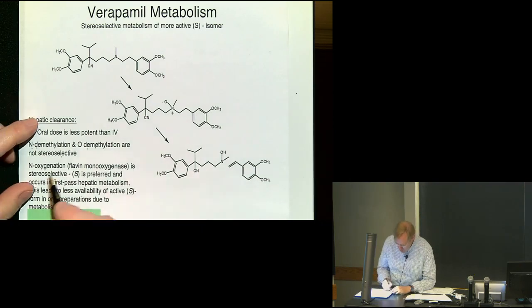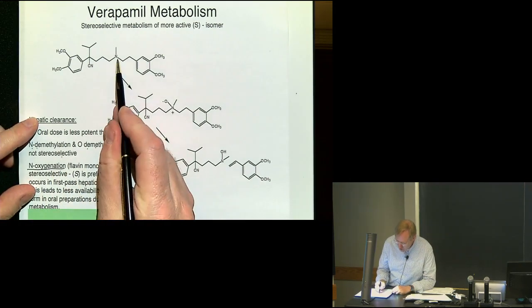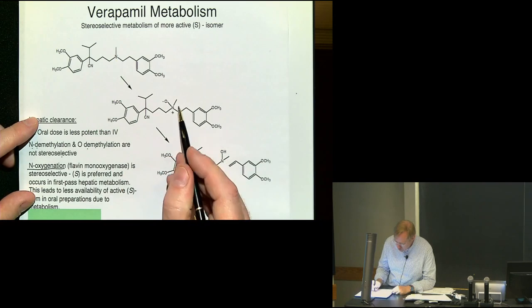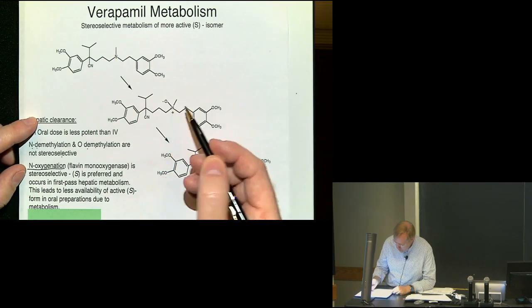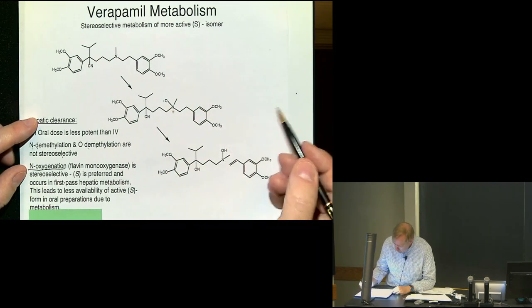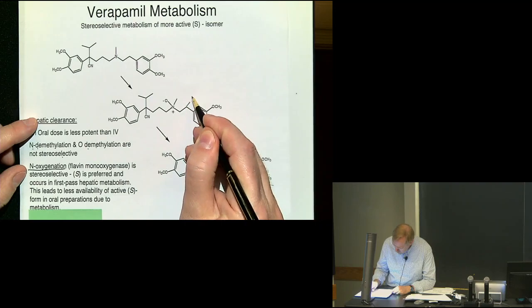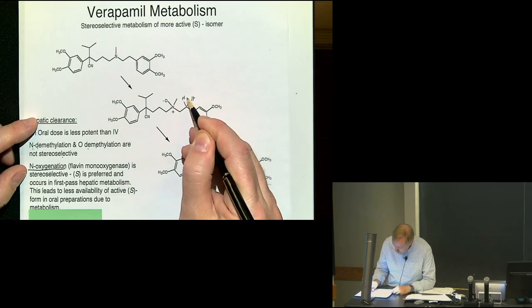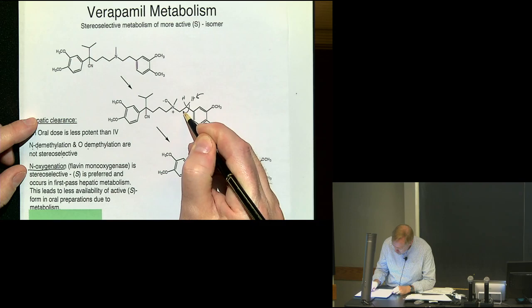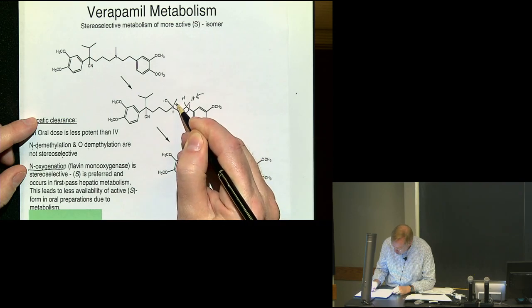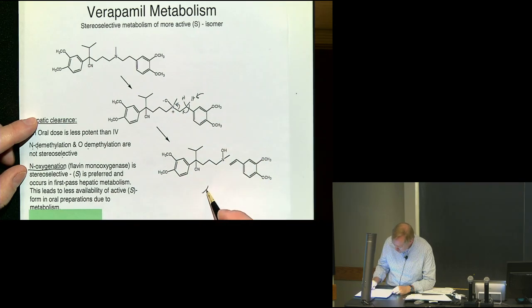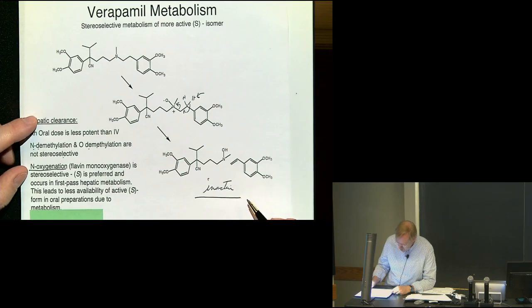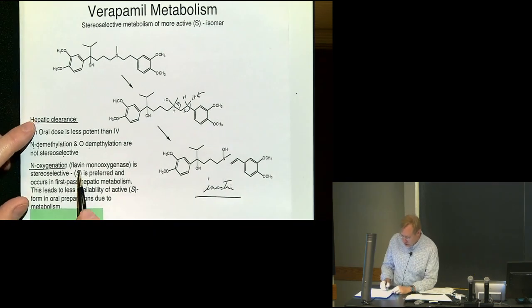But there is an N-oxygenation reaction here, where that nitrogen gets oxidized. And then that can lead to a cleavage event here. If you pull off one of these protons, you can break into these 2 pieces which are inactive. Now that is stereoselective.